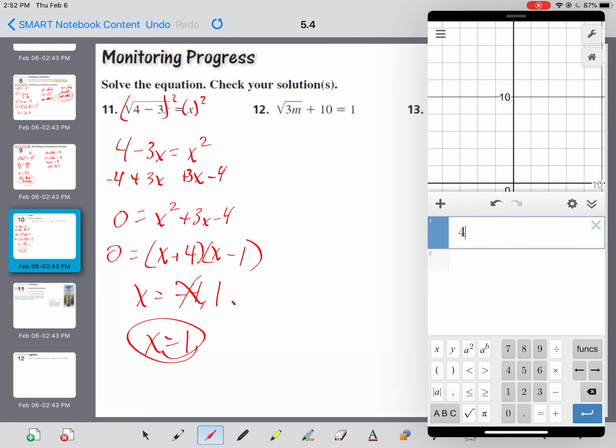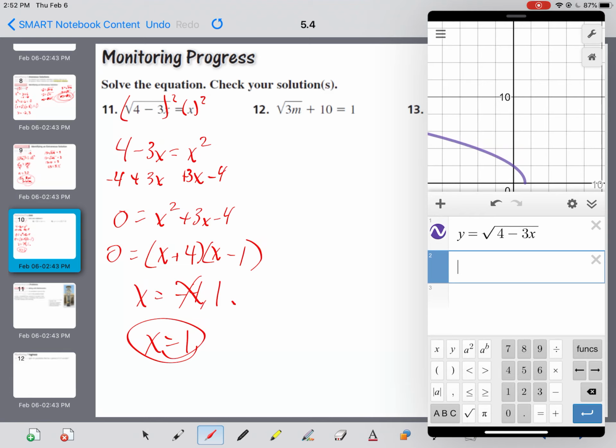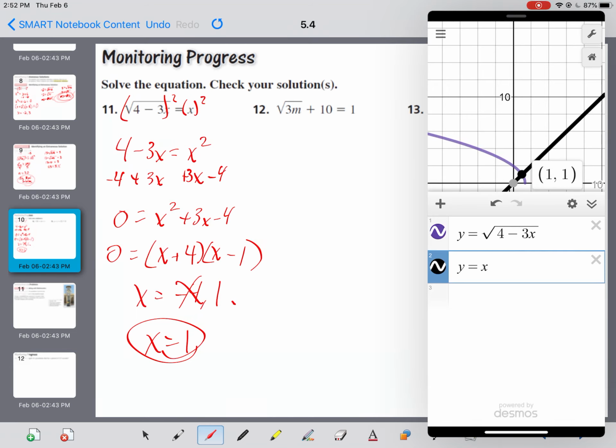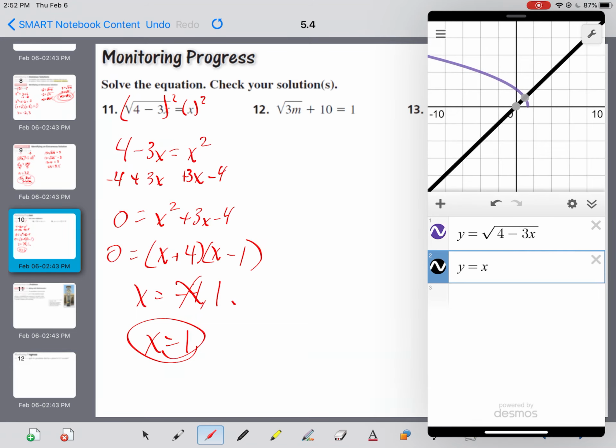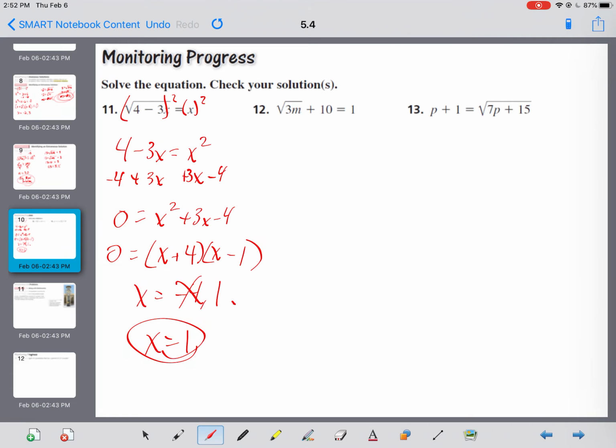And we could graph it just to double check. y equals the square root of 4 minus 3x, and y equals x. One spot, 1, 1. Okay? Good to go. Let's try the next one.